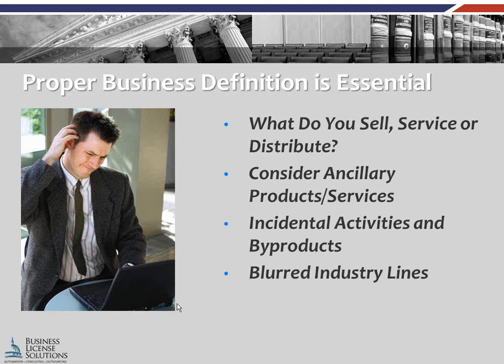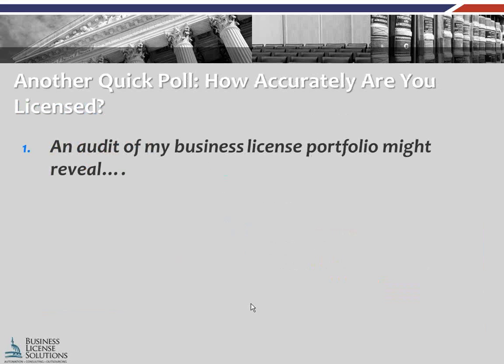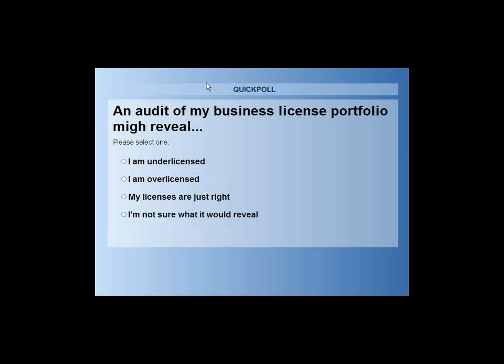All right, so Lorraine, we're going to do another quick poll here if we can, just to try and get a sense for where people are in terms of what they think their licensing status is. So we're launching another quick poll here, and the question is, if I were to have my business license portfolio audited, it would reveal the following.